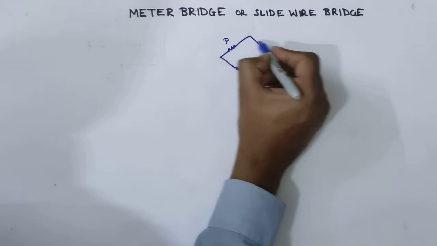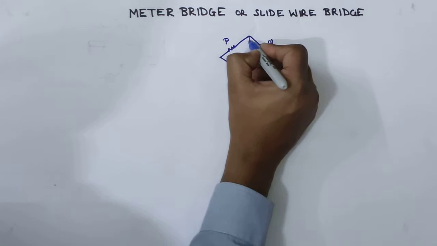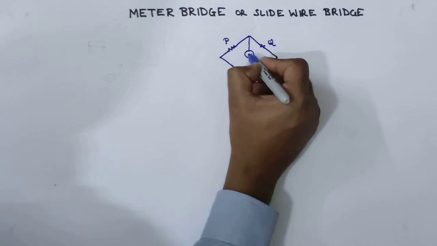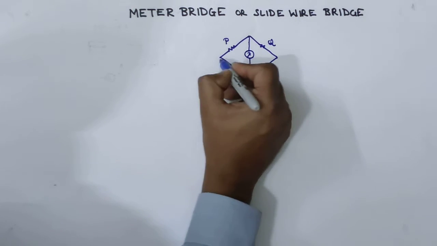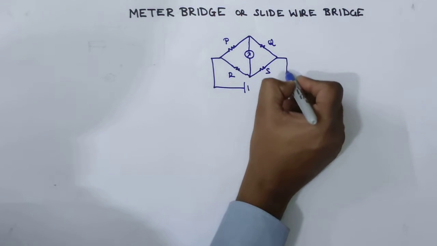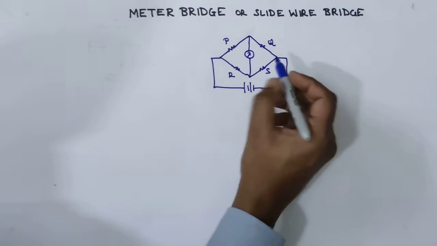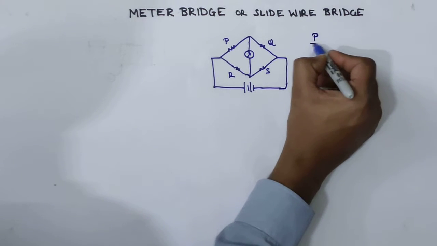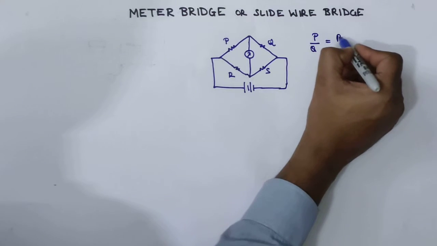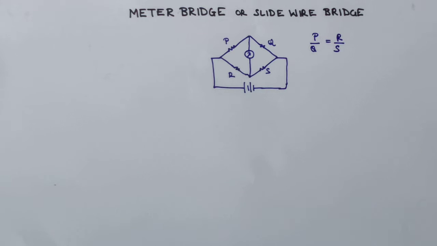Say this was resistor P, this is Q, this is R, this is S, and if I connect a galvanometer between these two terminals and the other two terminals are connected across a battery, then what we see over here is that if P upon Q equals R upon S, then the galvanometer does not show any deflection. Now something similar happens over here.